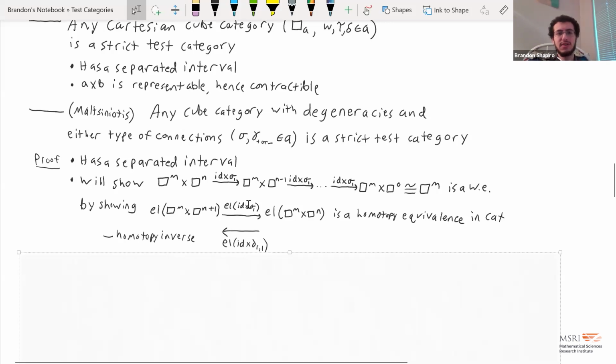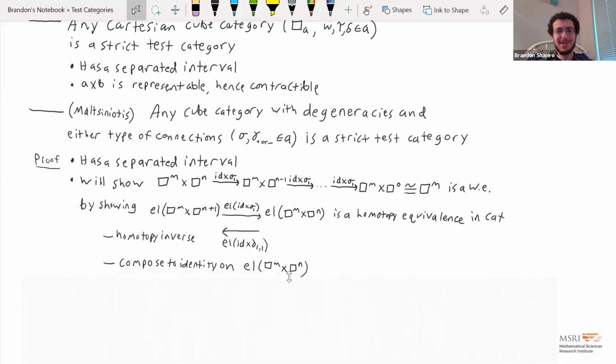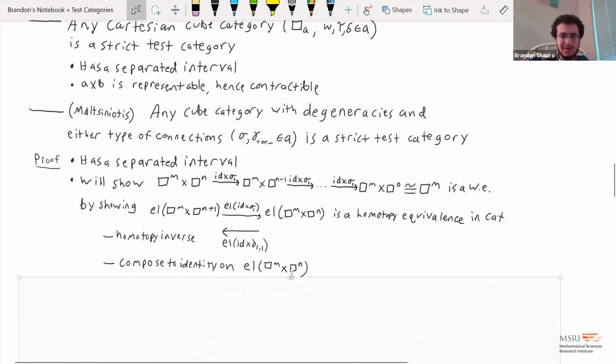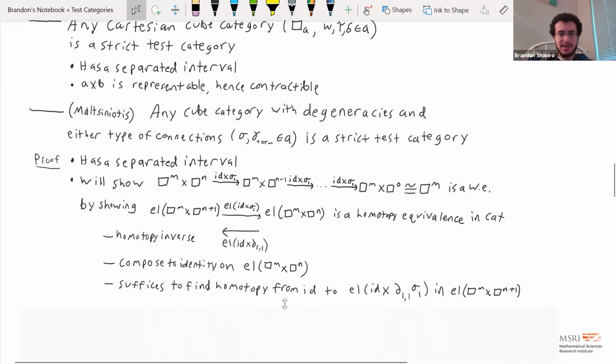Those, of course, compose to the identity on box M cross box N, which I hope I've already written down. Yes, because I can't write new things apparently. But they don't compose to the identity on the category of elements of the m cube cross the n plus 1 cube.